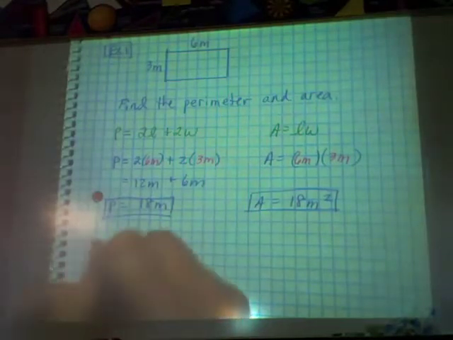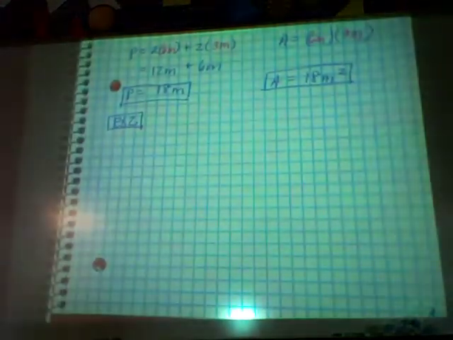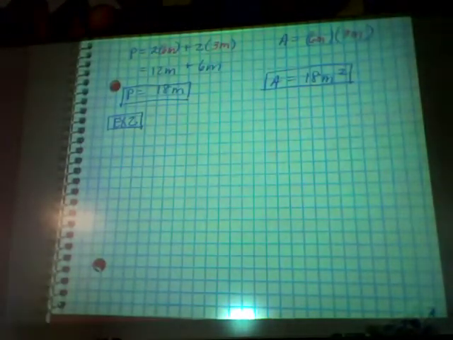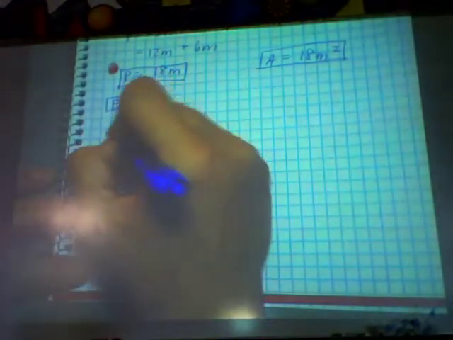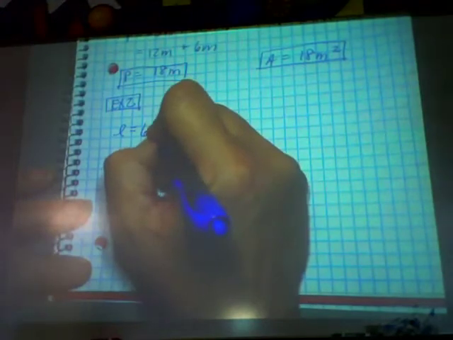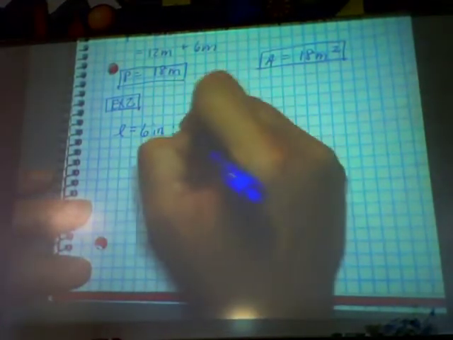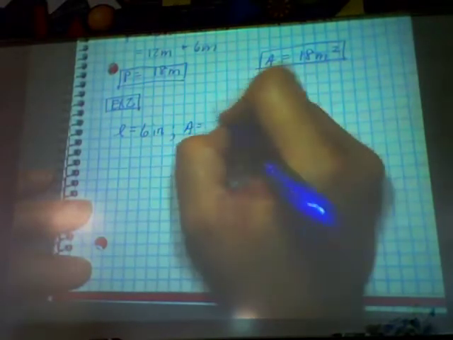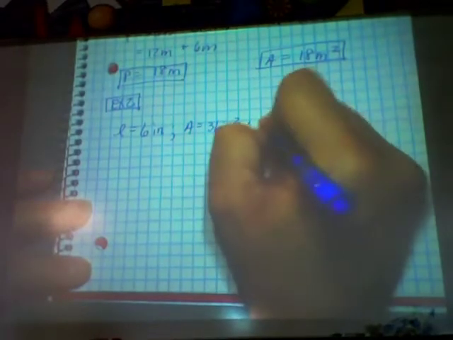All right, then the other types of problems you're going to have will look like this. This time I'm just going to give you some pieces and you have to find what's missing. So if I said that the length was equal to 6, and let's say that it's inches, and the area was equal to 36 inches squared, your job is to find the width.